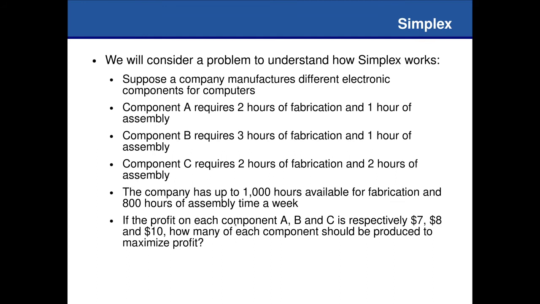Consider the profit of each component is respectively $7 for each component of type A, 8 for each component of type B, and 10 for components of type C. So how could I maximize the profit?